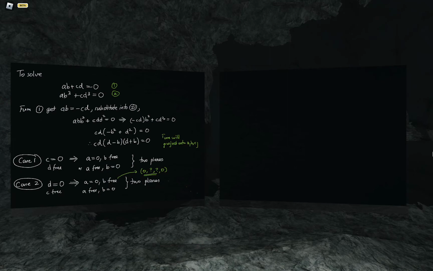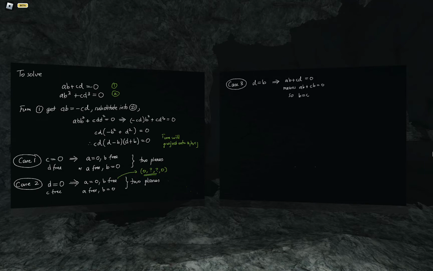Yeah. Okay, so case 3 is D equals B, and if D equals B, what happens to the rest of them? So AB plus CD equals 0 means AB plus CB equals 0.